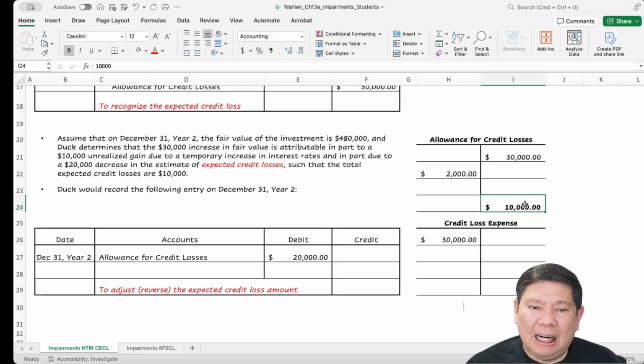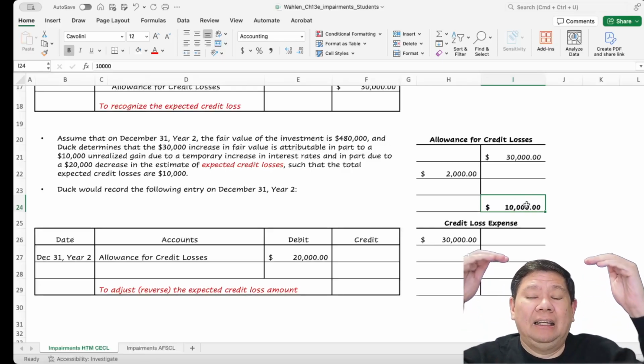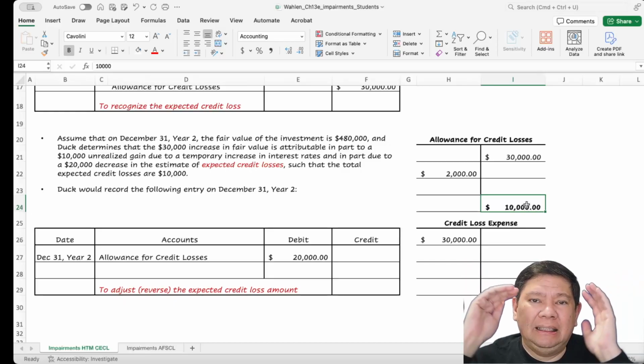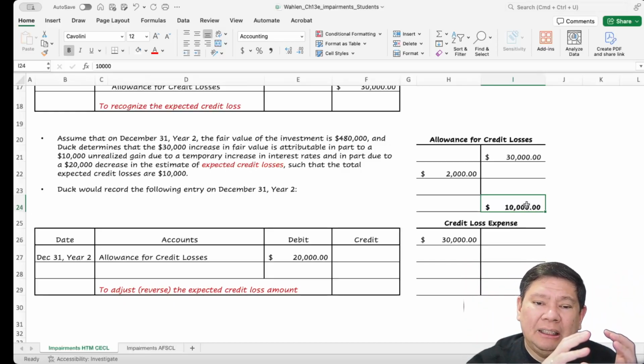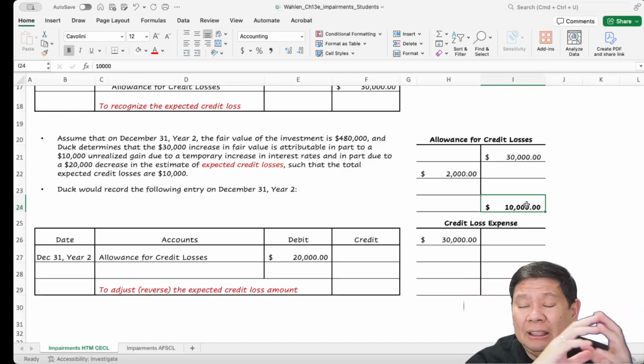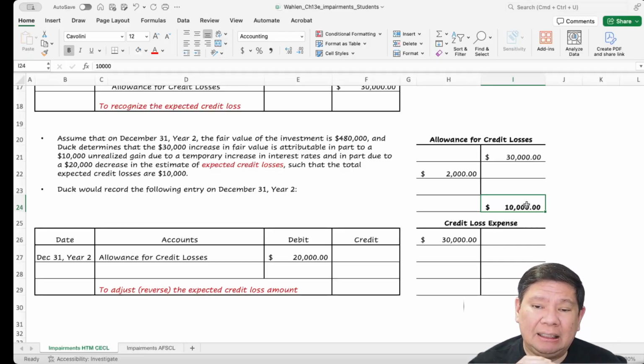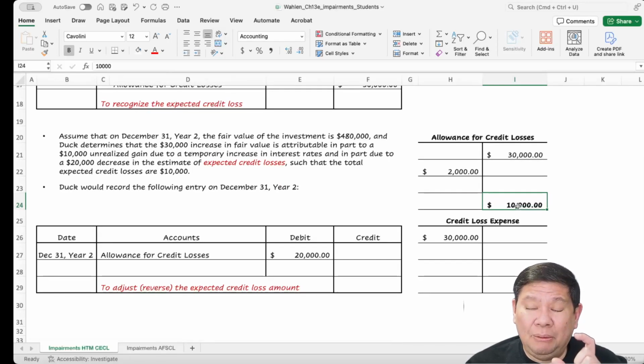So this is the contra account. Now, after that, when we report it on the balance sheet, the held to maturity securities is $500,000 minus $10,000 allowance. It will show $490,000 fair value. So that's the impairment that we will show in year two.